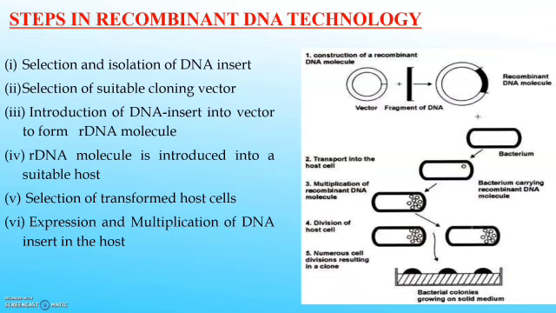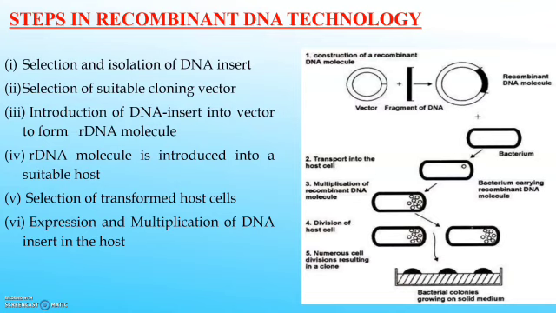Usually the selected host cells are bacteria such as E. coli. However, yeast or fungi may also be utilized. After this transformation, selection of the transformed host cell is the next step. In this step, the transformed cells are separated from the non-transformed cells by using various methods making use of marker genes.